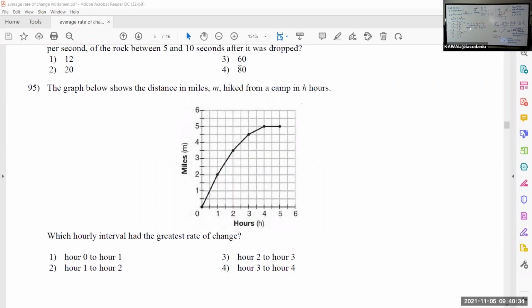Okay. So before we go too far, when I have 2 arrows pointing in the same direction, the one that is pointing more steeply up, so it's this blue one over here, that one has the greater rate of change.